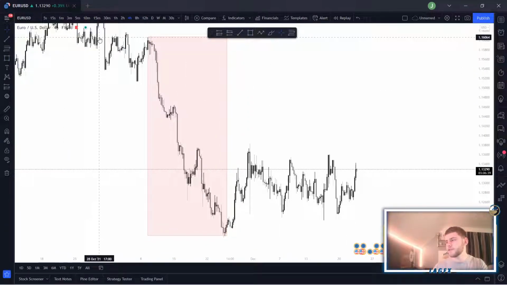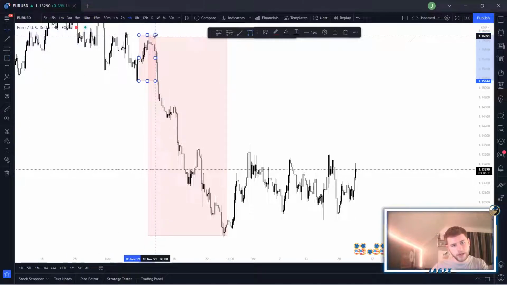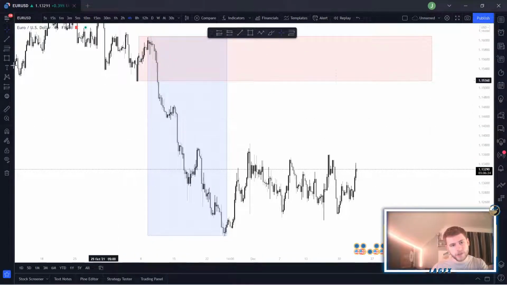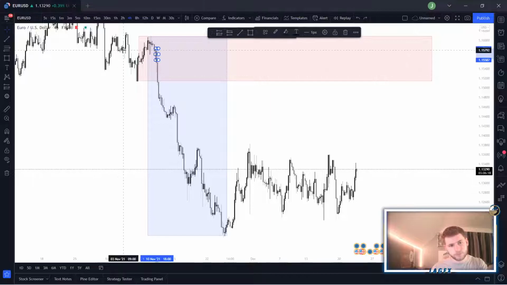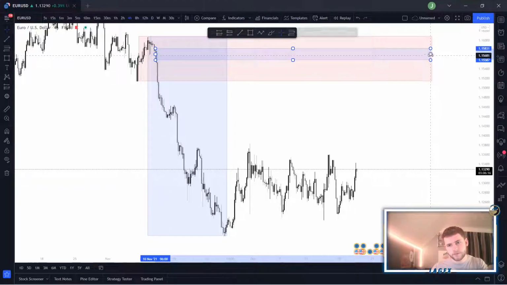And then we have a few different areas within here where we have some supply and demand zones. The main one I'll be looking at is this major up move in here, remembering that this is our blue box, our impulsive wave. This is our point of interest. This could be refined further. There is a buy to sell in here that could be refined as another point of interest.